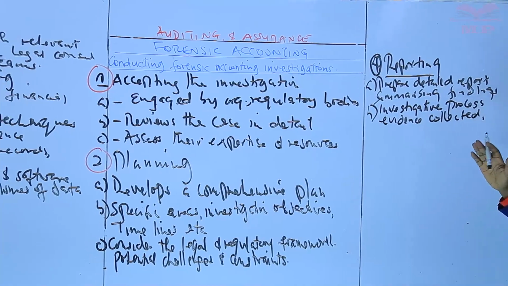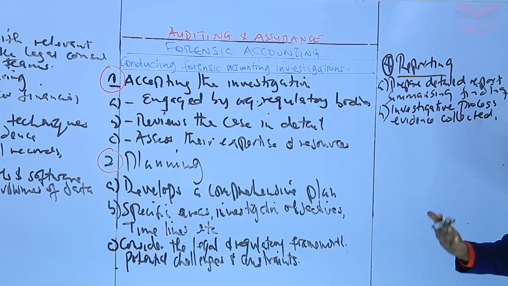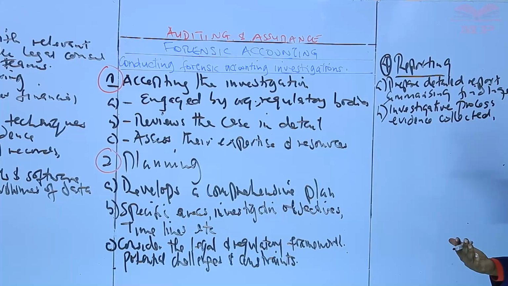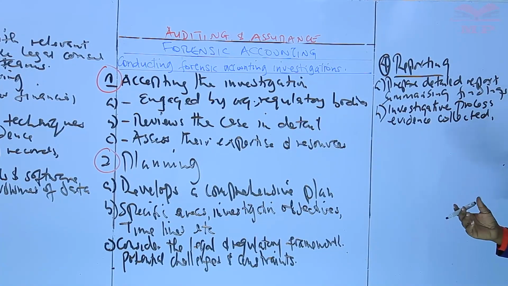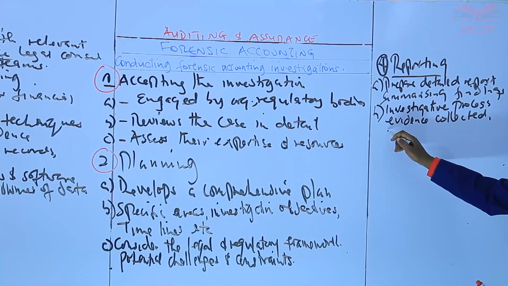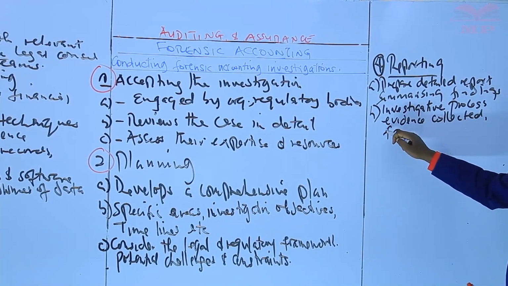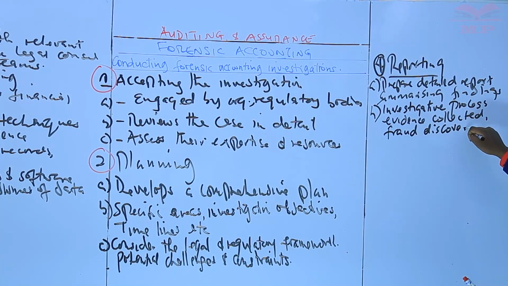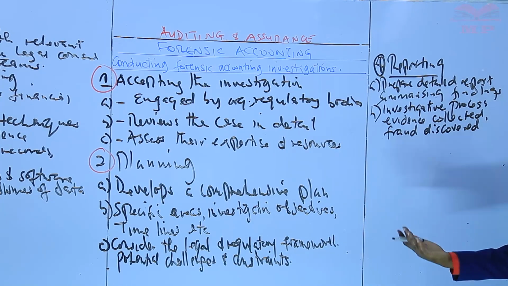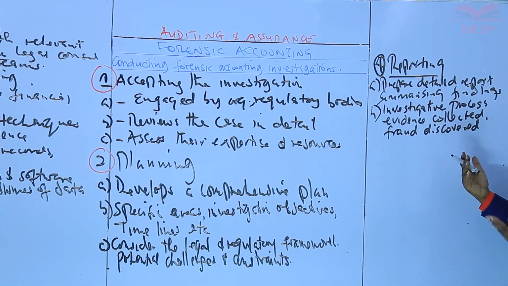Within the report, there has to be analysis of any financial irregularities or fraud discovered during the forensic audit. Do you understand?